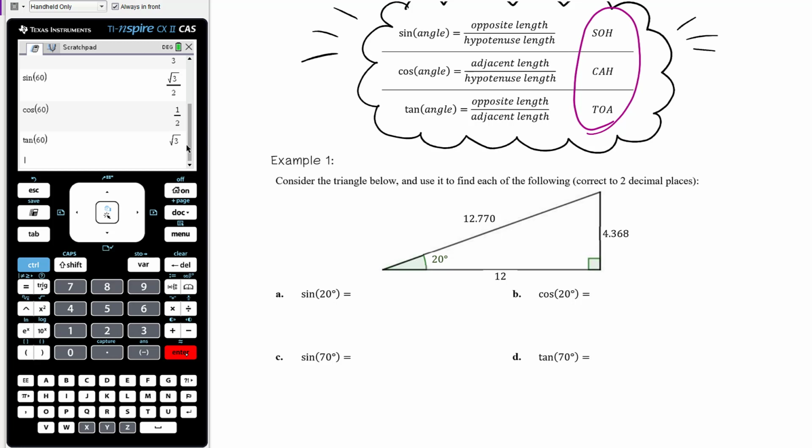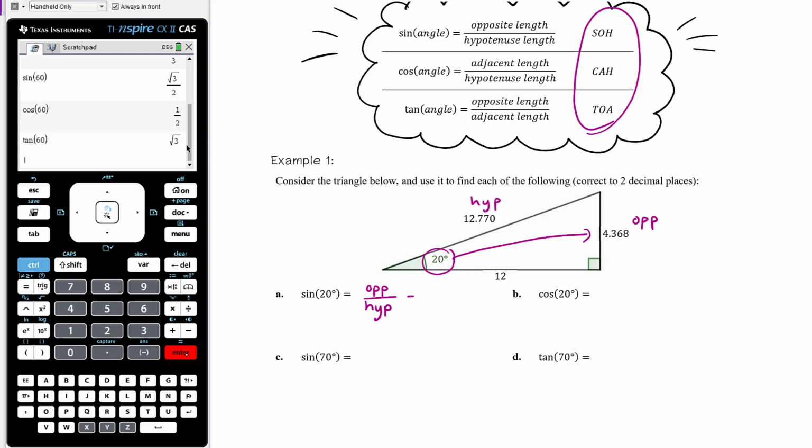So let's have a look at the triangle below and use it to find each of the following correct to two decimal places. So we want to know what sine of 20 degrees is. So 20 is our reference angle. Sine we know is opposite divided by hypotenuse. Now obviously the opposite length depends on the angle. So if we're talking about the 20-degree angle, this is the opposite length, and the hypotenuse obviously is the longest length, so this one up here.